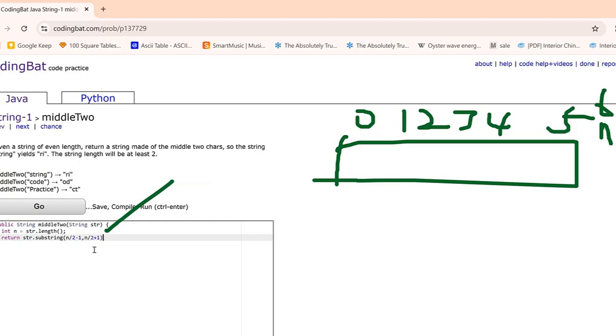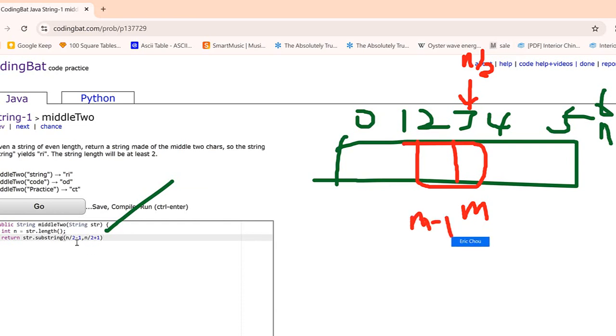You want the middle two characters. So your middle one, your n divided by 2, is this one. This is the middle, this is middle minus 1. So you just return your substring n minus 1 and n, that would be the answer. Oh, no, I'm sorry, here should be n minus 2 and then n plus 1. This will be the answer.